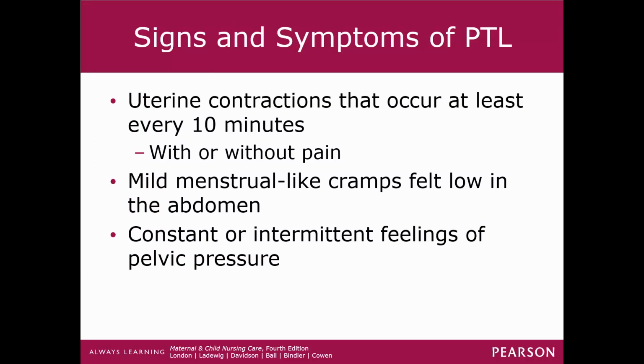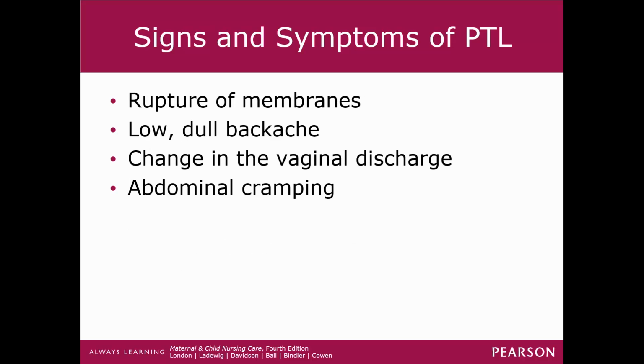So here are the signs and symptoms for preterm labor, and as you read through these, uterine contractions at least every 10 minutes. So Braxton Hicks can occur as often as every 5 minutes. The pregnant patient can have menstrual-like cramps. She could have that all through pregnancy and it not be preterm labor. She could have low back pain, changes in vaginal discharge.